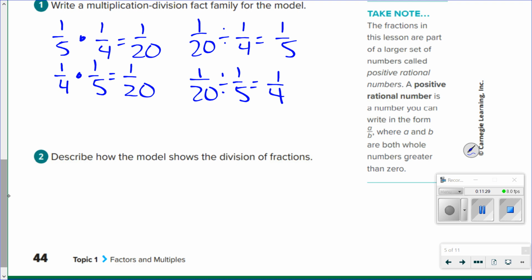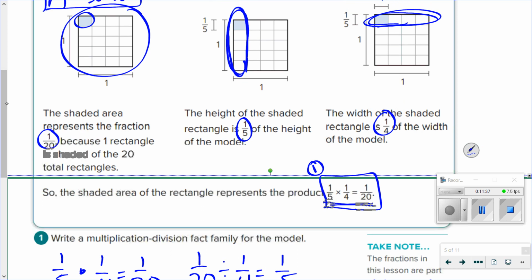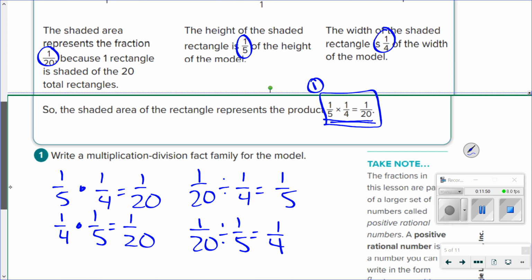Okay. Now, describe how the model shows the division of fractions. How does our model show division of fractions? Anybody? Sophia? The shaded area represents the fraction 1/20 because one rectangle is shaded out of all of the 20.